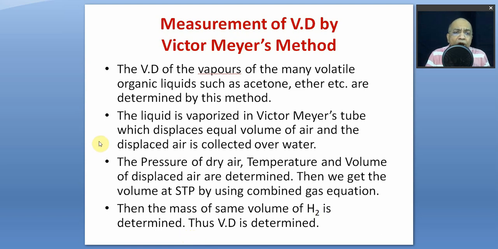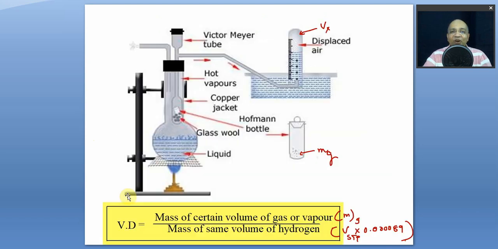I'm sure you have not understood what I said. Don't worry. See what is going on. This is the setup for the Victor-Meyer's experiment. This is a glass tube. It was earlier made up of copper.